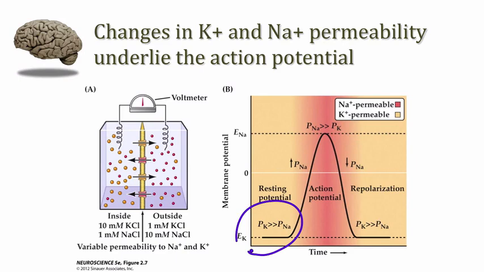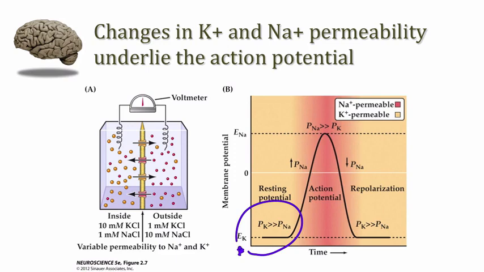Essentially, the permeability of the membrane at rest for potassium is so much larger than the permeability for sodium that we can completely ignore that contribution. And what we find is that the resting membrane potential is very close to the Nernst equilibrium potential for potassium. Not quite, because real membranes are a bit more complicated, but in principle, the resting membrane potential is explained to a first approximation by the Nernst prediction for a membrane that's permeable to potassium.